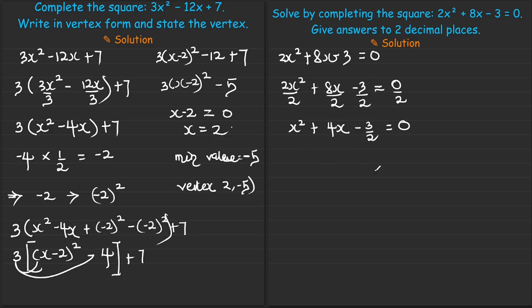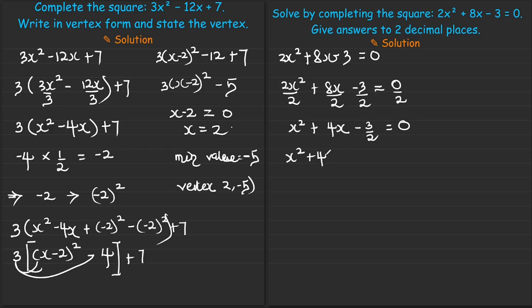So just like the previous one, you can either take this to the right hand side, after which you do whatever you have to do with b and then add to both sides, or you can choose to work it using the regular method. So we have x squared, and the half of 4 is 2. The square of 2 is 2 squared. So we'll be adding and subtracting, since we are doing all at the left hand side.